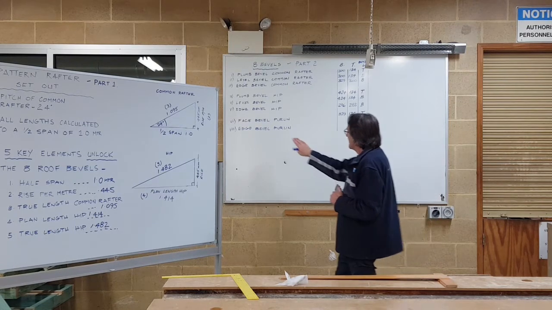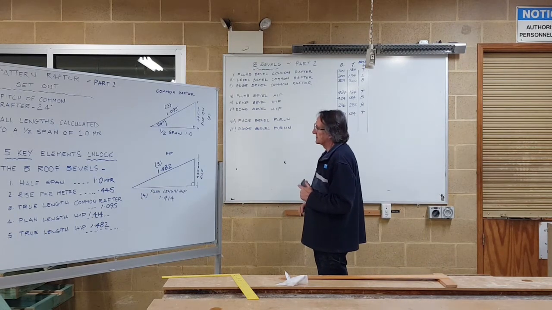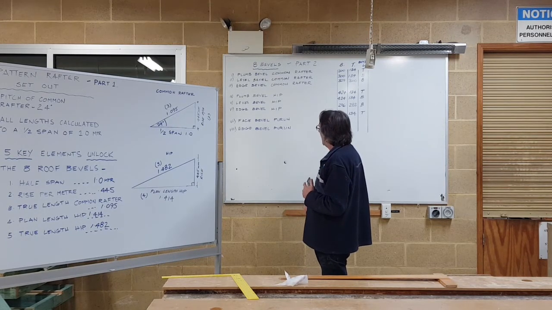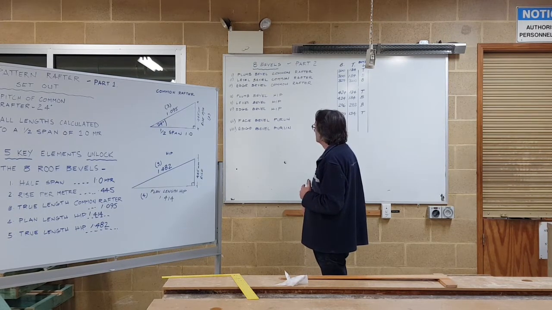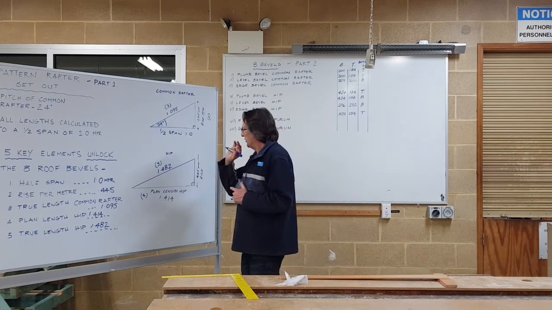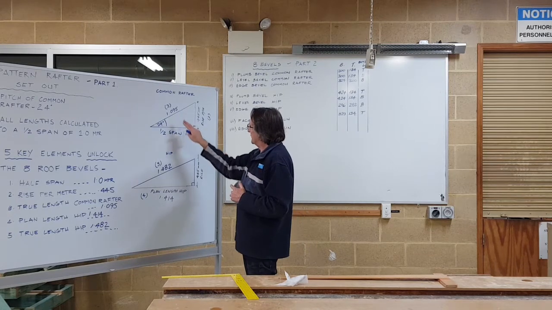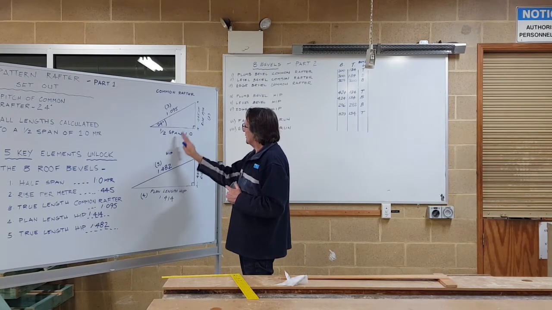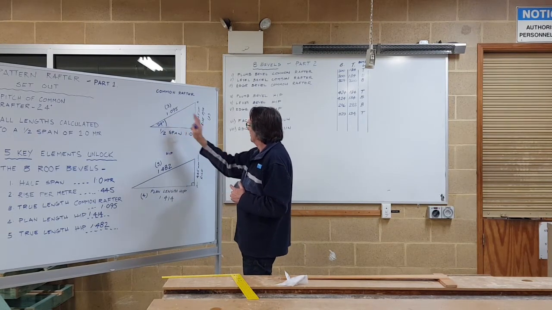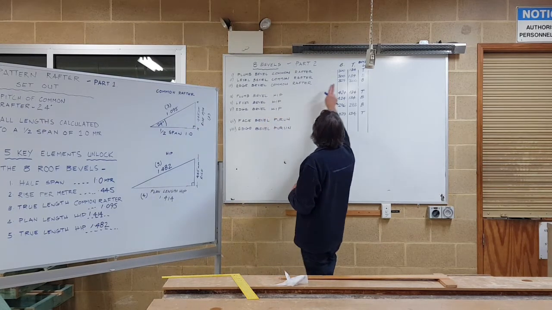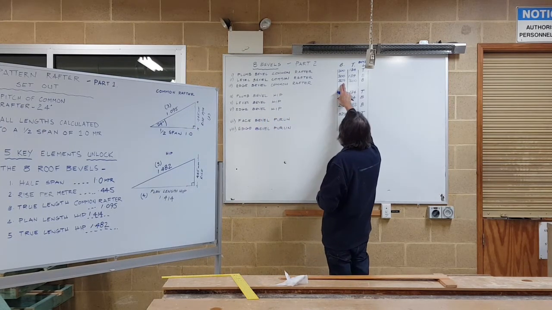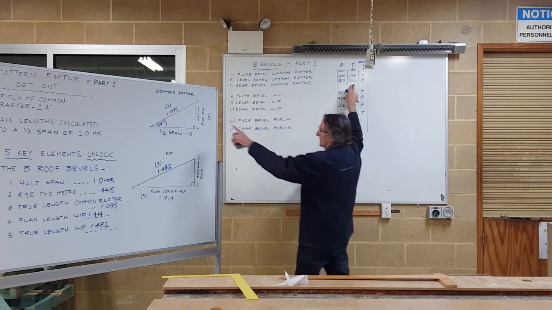And the last one is the edge bevel of the purlin. The two components that give you edge bevel purlin are the two we used for edge bevel common rafter: the 329 on the blade and the 300 on the tongue.